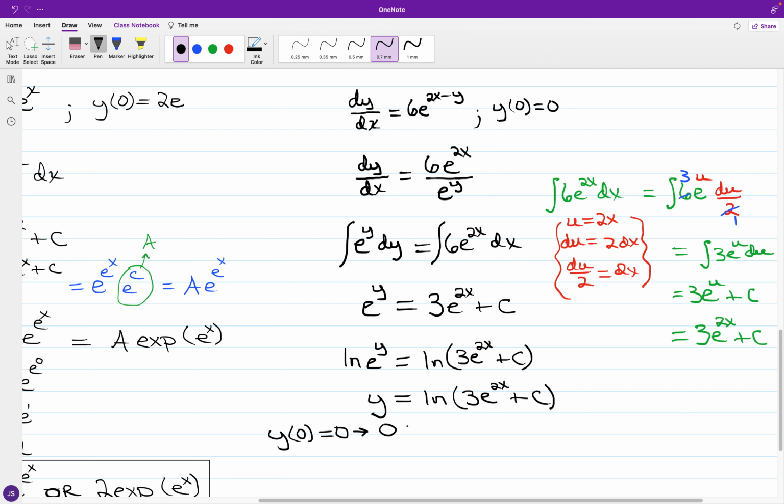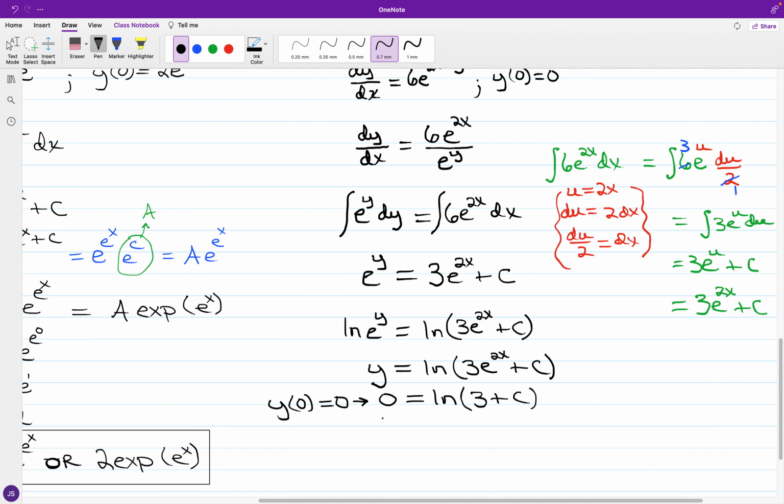So y is at 0. We have is equal to the natural logarithm, and we've got e to the 0. E to the 0 is 1, so you have the natural logarithm of the quantity of 3 plus c.